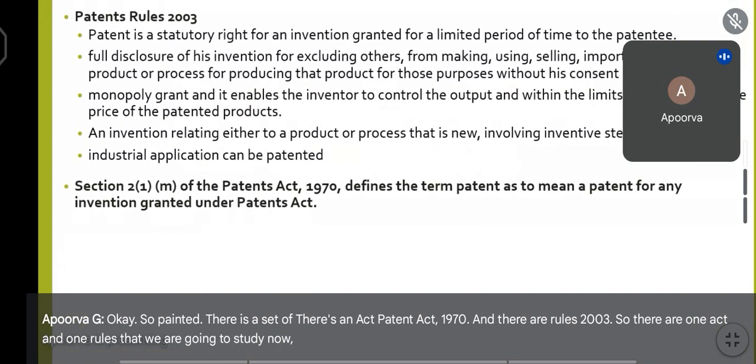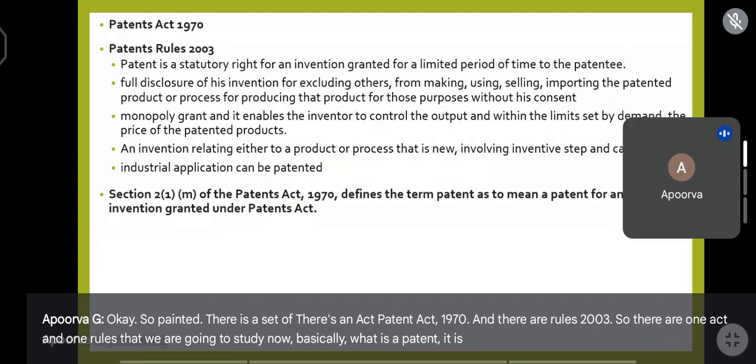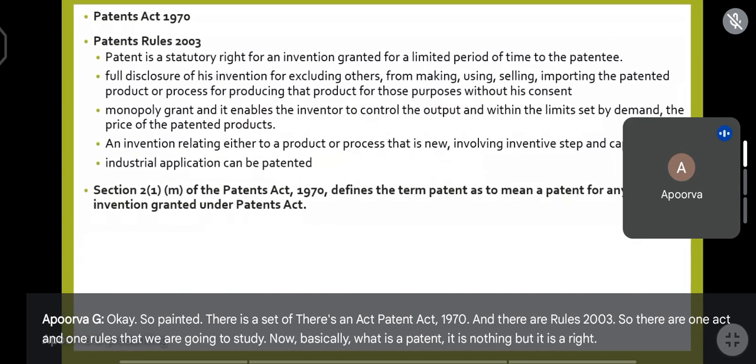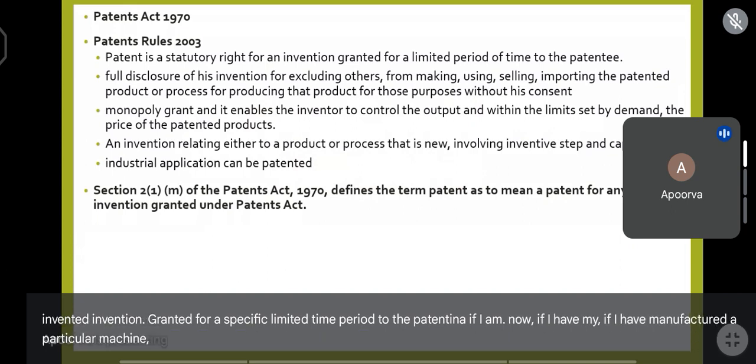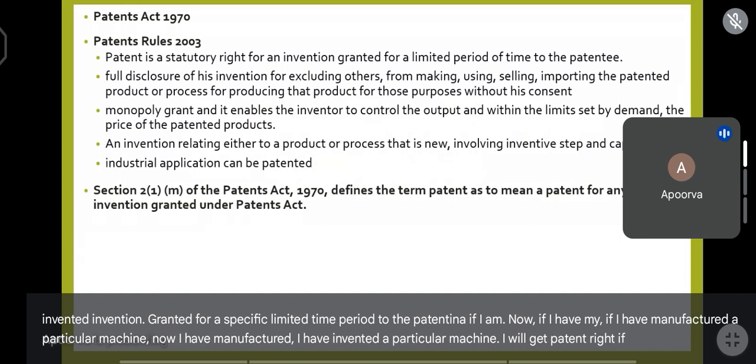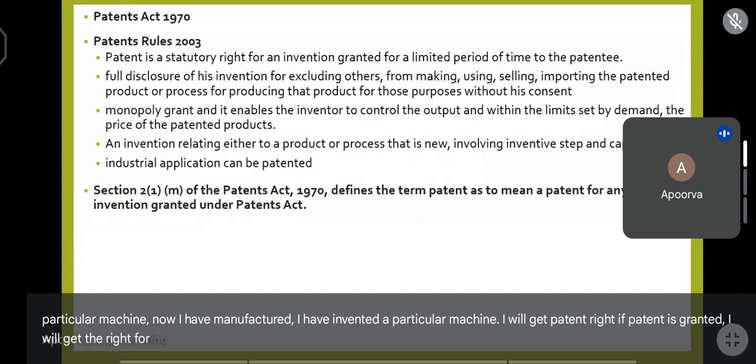Basically, a patent is a statutory right for an invention granted for a specific limited time period to the patentee. If I have invented a particular machine, I will get a patent right. If the patent is granted, I will get the right for a particular limited period. So that's called a patent.